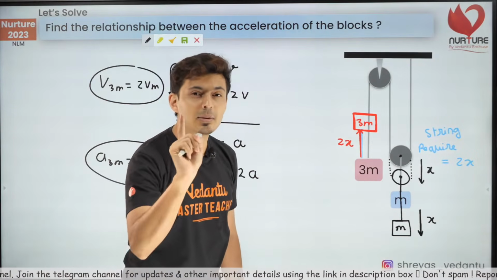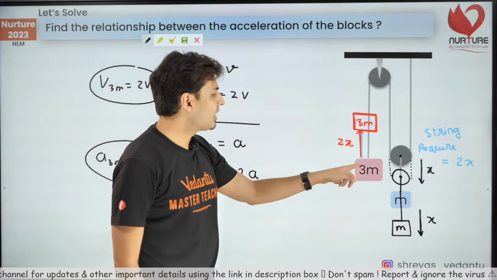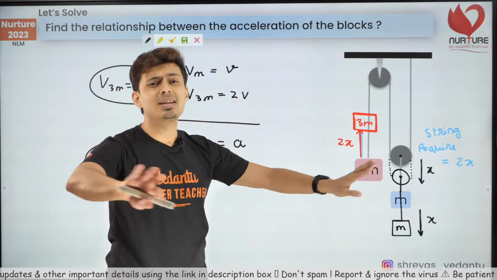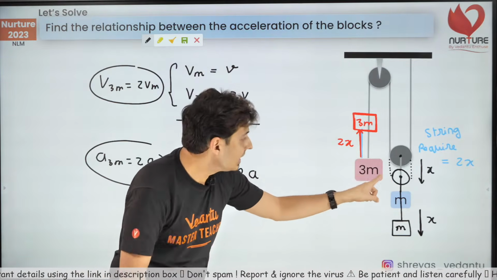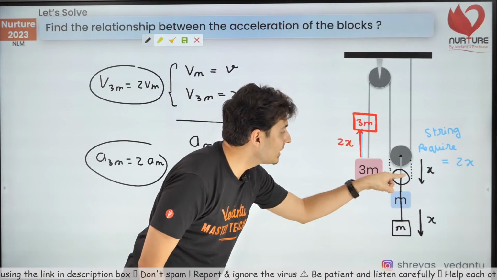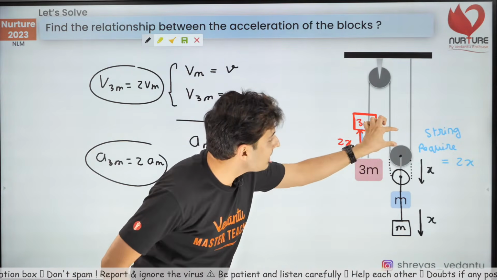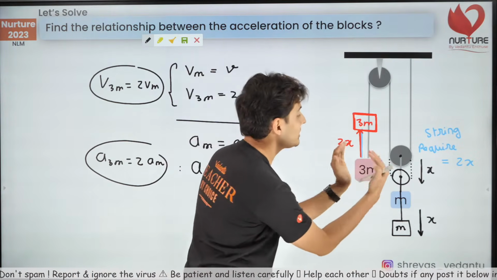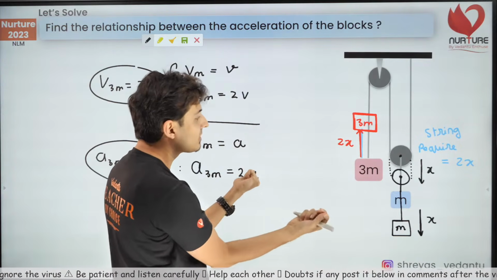By the way, let me also tell you the other way. A lot of you are saying, sir, 3m will go down, m will go up. It doesn't matter. Think this way. If m goes up by x, the position I have drawn here is the original position. If this block goes up by x, don't you see 2 new strings on both sides will be free, loose?